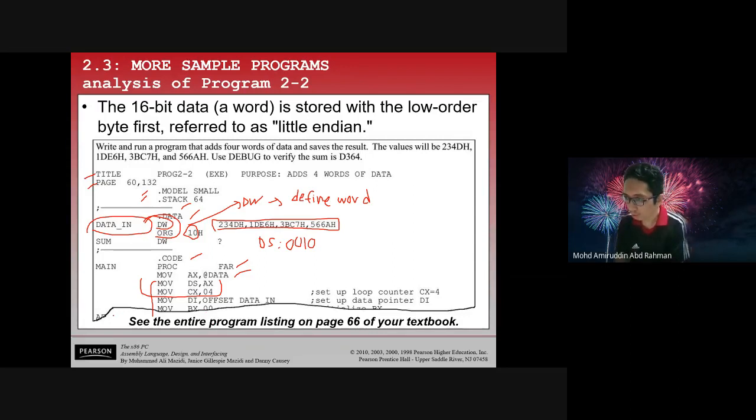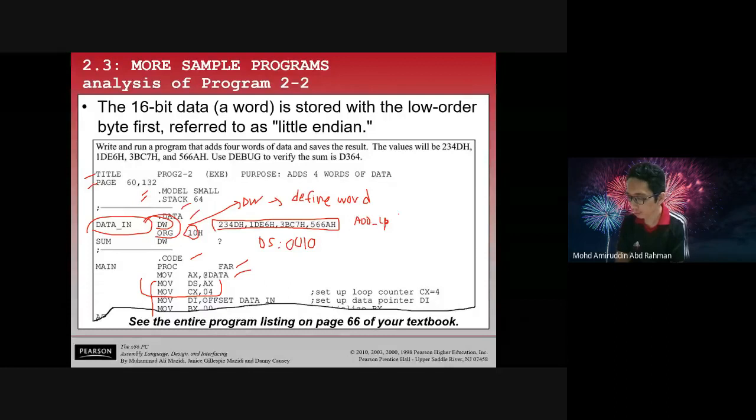So over here, what we have is the label LP. We have LP, and then a colon, and then we have add BX, [DI].